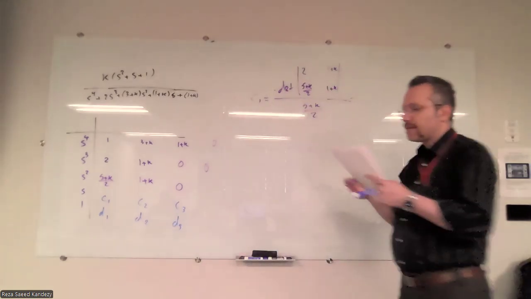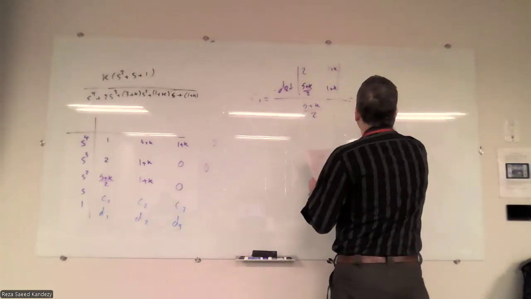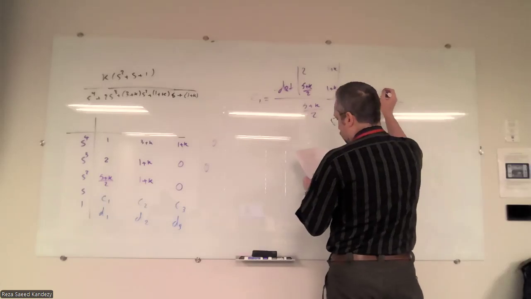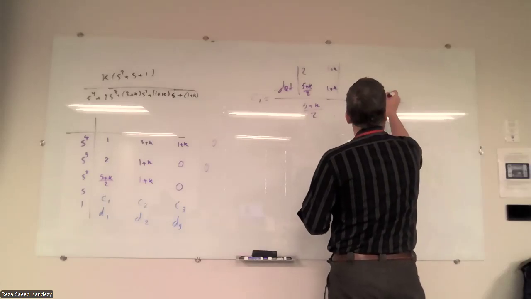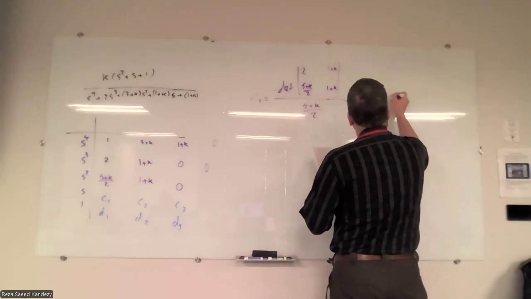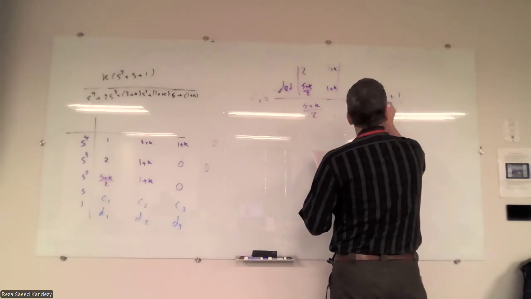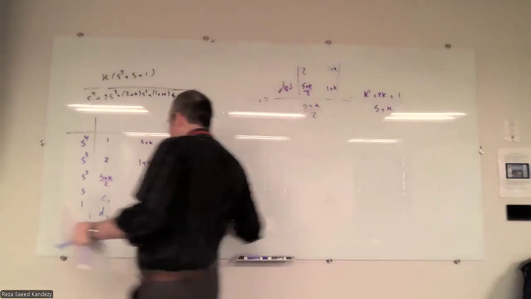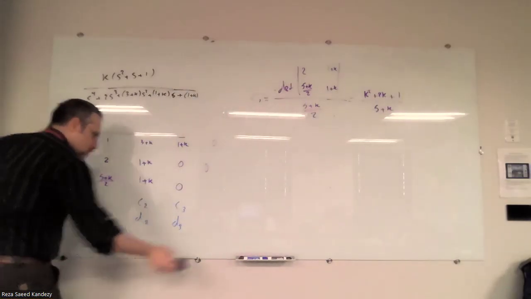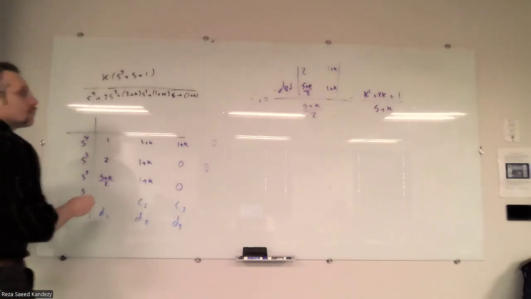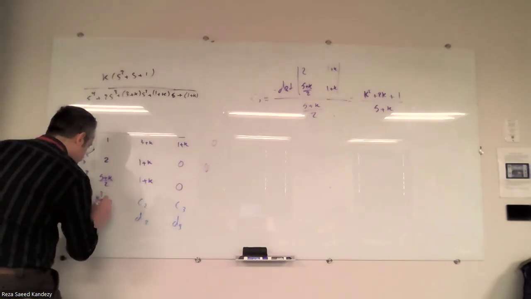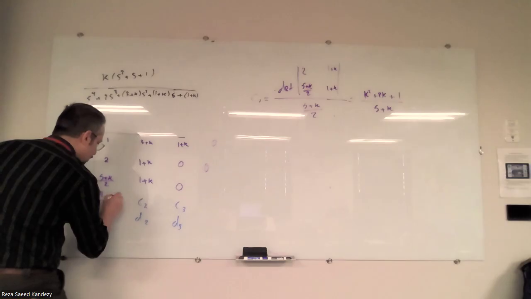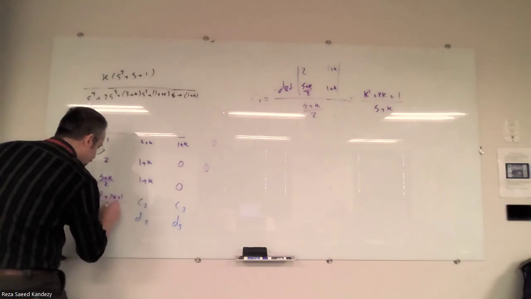Now, if you do the calculation, it's going to be k squared plus 2k plus 1 over 5 plus k. Let's replace that. K squared plus 2k plus 1 over 5 plus k.